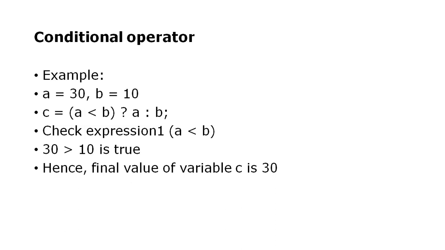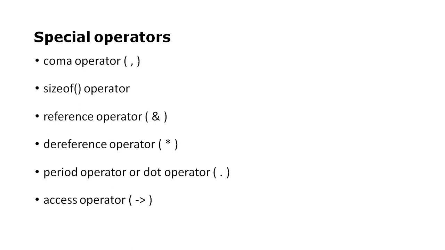First it checks expression 1, that is a less than b. So 30 greater than 10 is true. The final value of variable c is 30. I will show you one program after that.